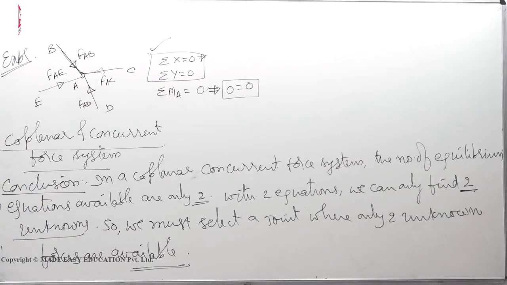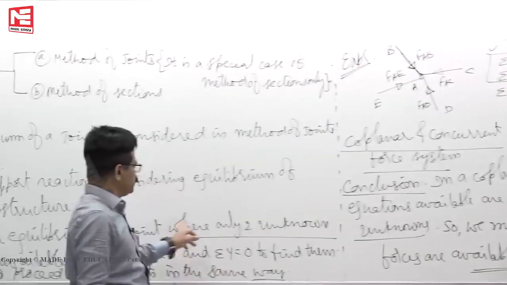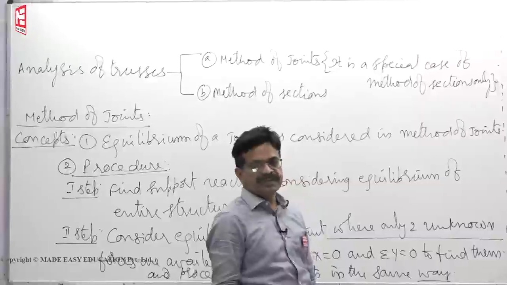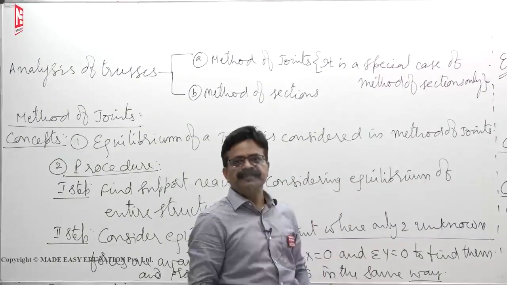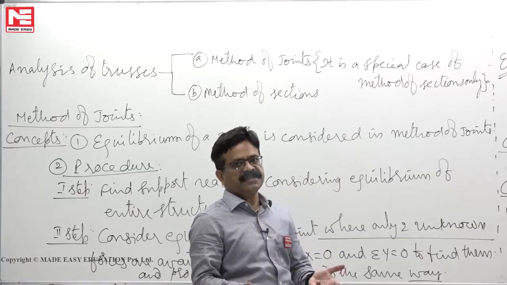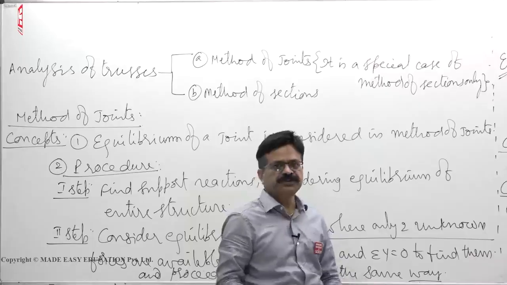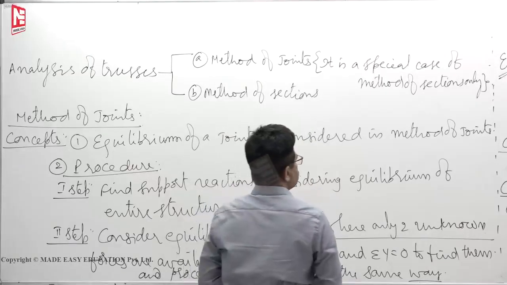Okay. So, now you understood why we should take a joint where only 2 unknown forces are there. If all joints have a minimum of 3 forces, say, then we cannot use the method of joints. You must take some other concept to find the member forces. We will see one by one how we should manage the member forces.